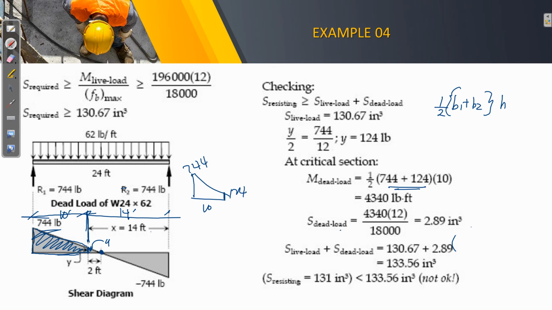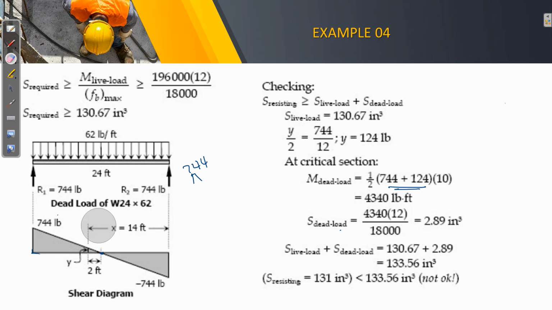Okay, so we come up with 4,340 pound-foot. And then again, this will be multiplied by 12 to make it in inches, divided by the allowable 18,000. So we will be having 2.89 cubic inches, which will be added to your section modulus caused by the live load. Okay, so we have 133.56.